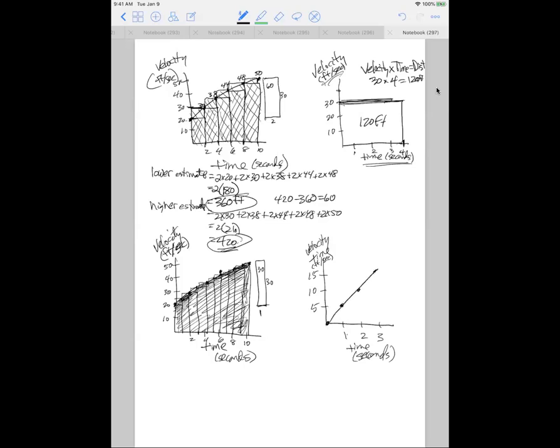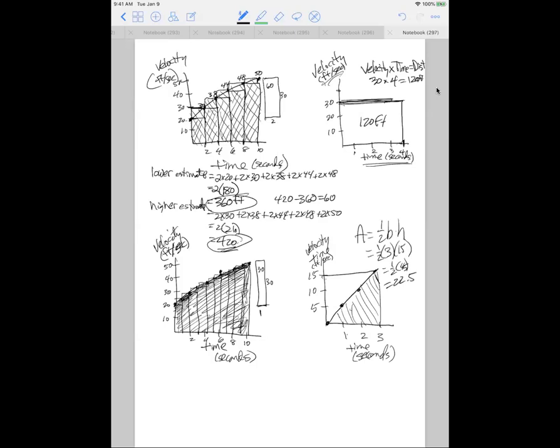Then the area under this curve would be the total distance traveled. And this area is more legitimate. I can actually calculate this one, right? The area of that triangle is going to be equal to 1/2 base times height. And the 1/2 base times height gives us 1/2 times 45, which is 22.5.